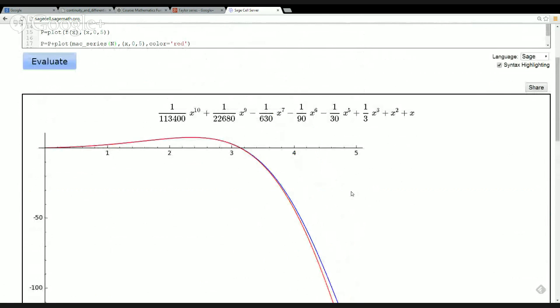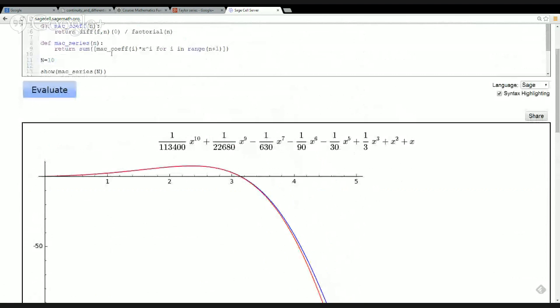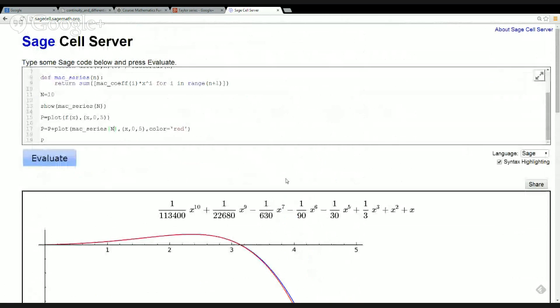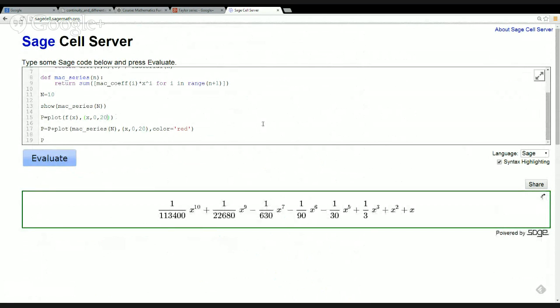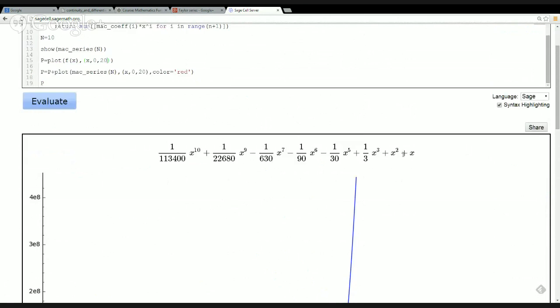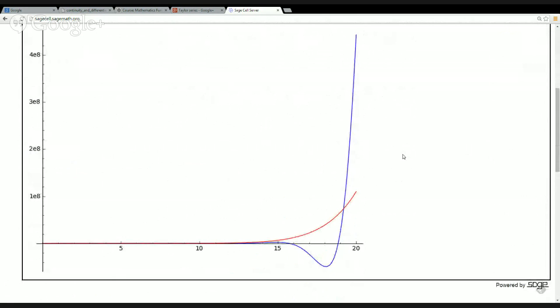And they'll diverge quite a lot because this one, the Maclaurin series, will keep going down, but the exponential series will start to turn up again, like up to 20. It mightn't produce much of a graph at all because the divergence will be a lot, but yeah, so you can see what's going on there.